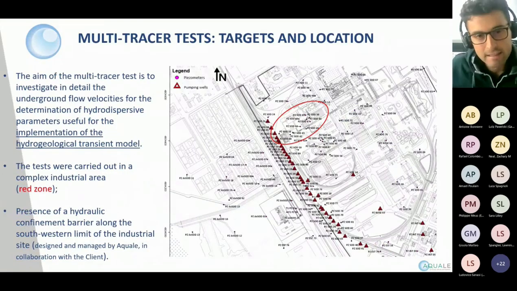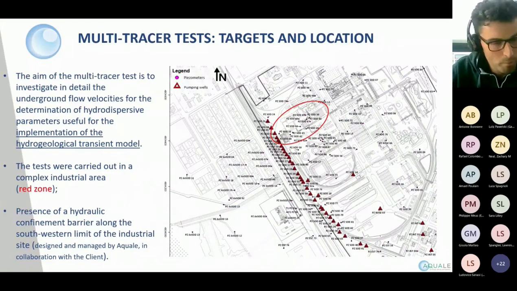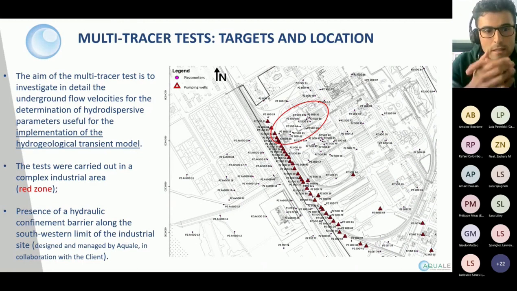So, the aim of the multi-tracer test is to investigate in detail the underground flow velocities for the determination of the hydrodispersive parameters useful to the implementation of the hydrogeological transient model and also the contaminant transport model.